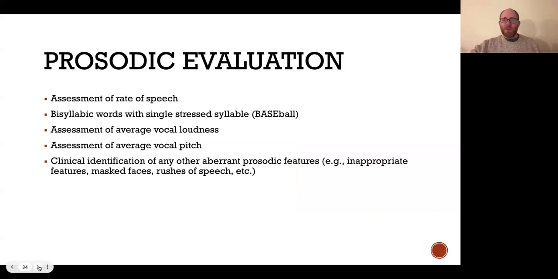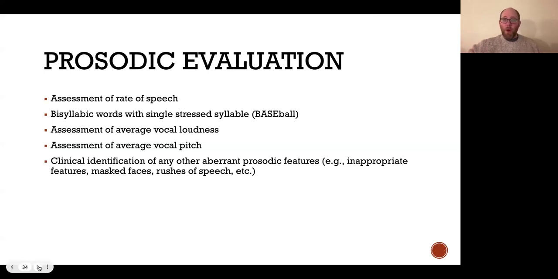For prosodic evaluation, you're going to be looking at a lot of different things. You can look at it during any other portion of your evaluation. But you would look for things like the rate of speech. Are they speaking a mile a minute when they shouldn't be, or are they going really painfully slow? Those types of things are going to tell you if there is an issue at hand. You want to look at bisyllabic words with a single stressed syllable, so things like baseball that I talked about earlier.